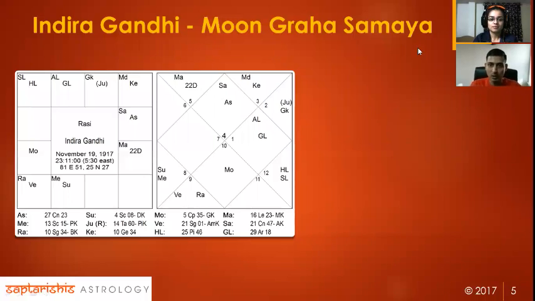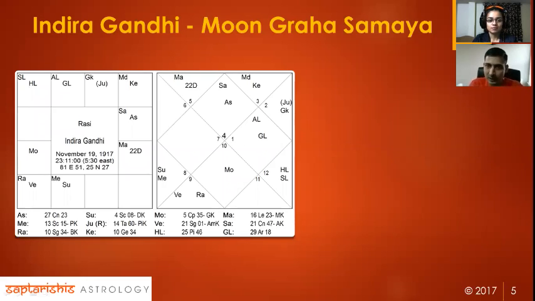What I have explained here is the example of the life of Indira Gandhi from her childhood till the time she became the Prime Minister of India. She went through 3 of 4 major dashas during that period, and we have calculated the Grah Samaya for each dasha to see how this technique works in her chart.